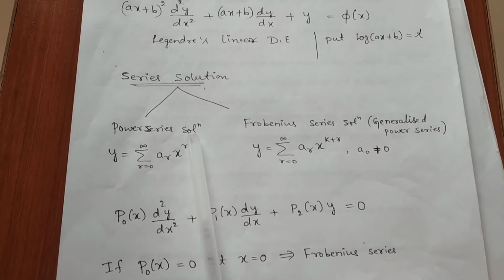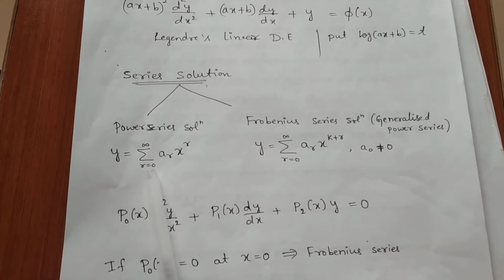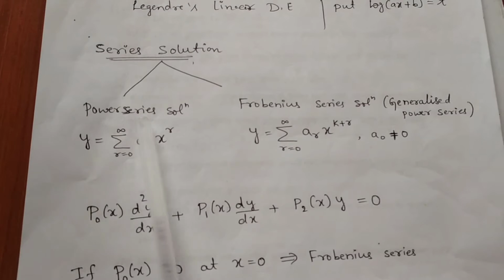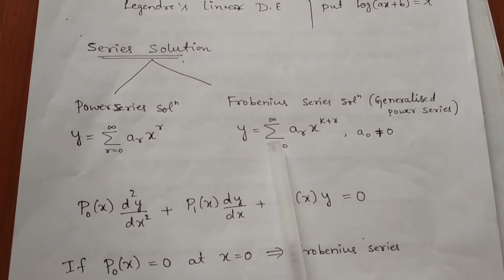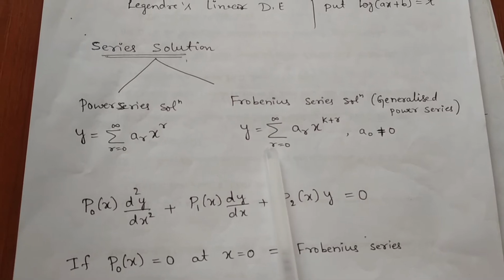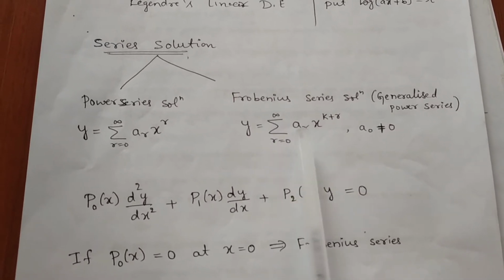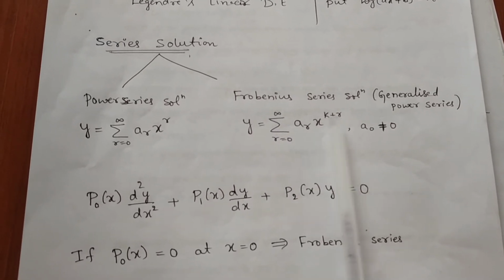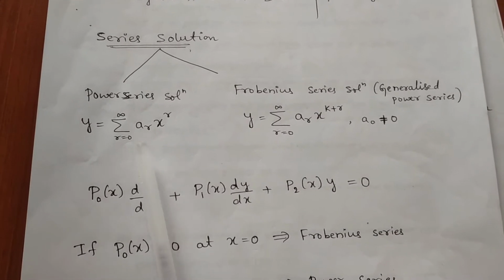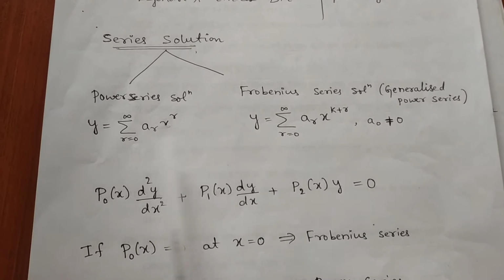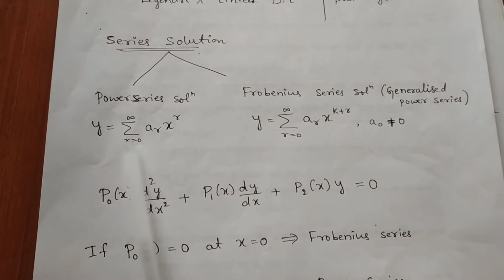The power series is nothing but y equal to summation r equal to 0 to infinity a_r x to the power r. Similarly, y equal to summation r equal to 0 to infinity a_r x to the power k plus r, where a0 is not equal to 0. These two are infinite series.